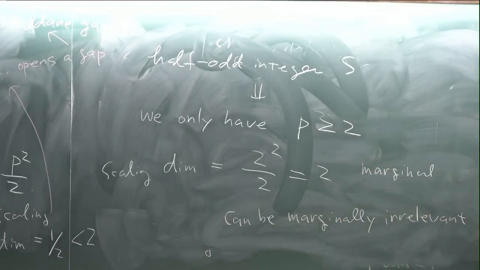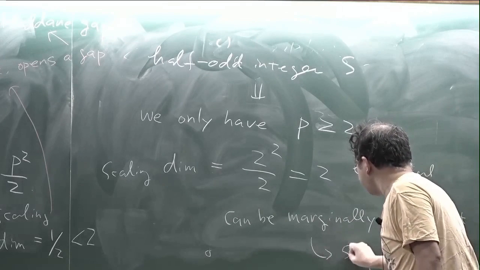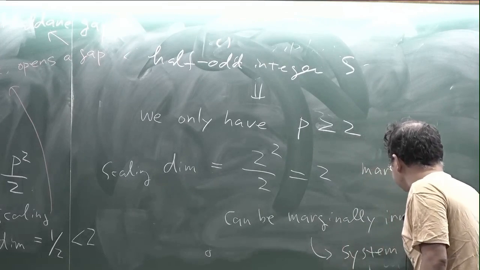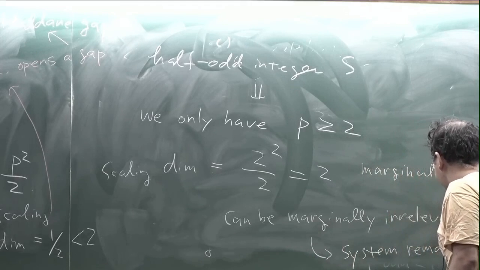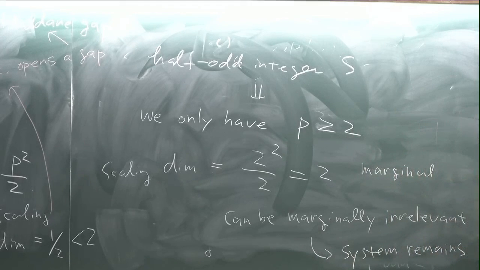And this is actually the case for the standard spin chain. So the system remains gapless critical. So this is a difference between the integer spin chain and the half odd integer spin chain according to Haldane's original paper. And that's how he found it initially.